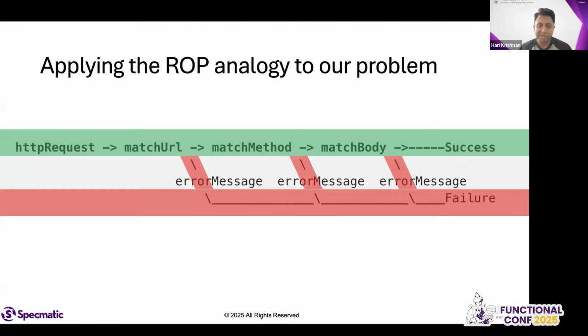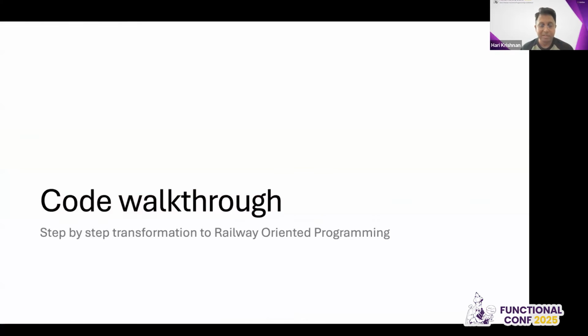Now that I have quickly introduced what the two-track approach is, a code walkthrough in terms of the transformation. I showed you the initial code, how good or bad it is, in terms of the if conditions that I initially highlighted.